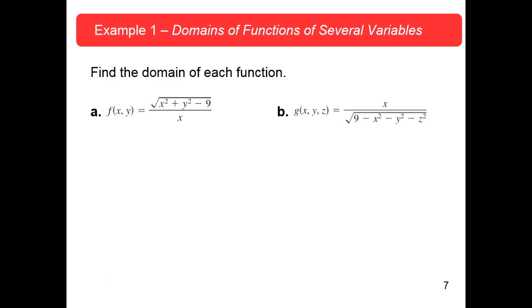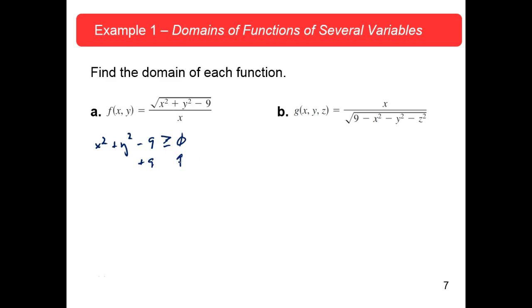So we'll write that down in math speak. What's under the radical here, x squared plus y squared minus 9, has to be greater than or equal to 0. It can be equal to 0, right? Now, we can easily add 9 to both sides.